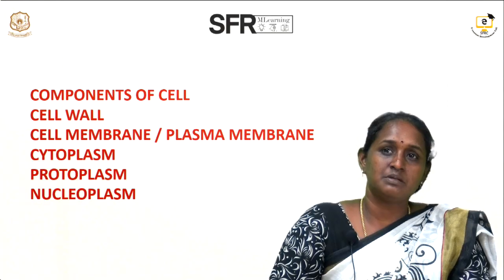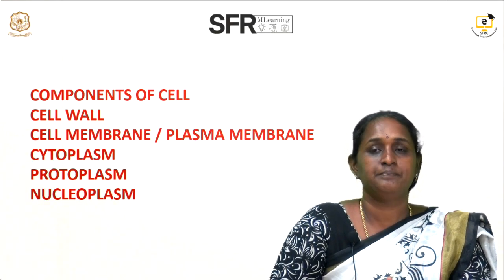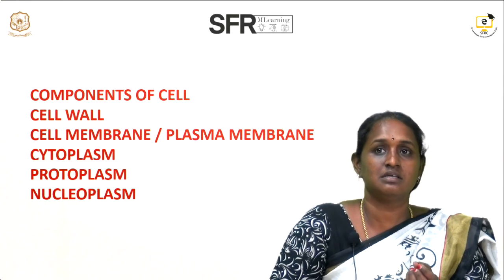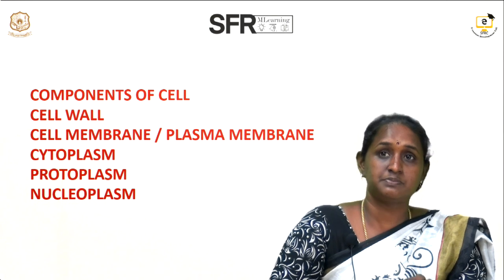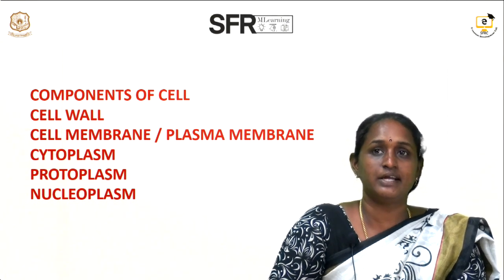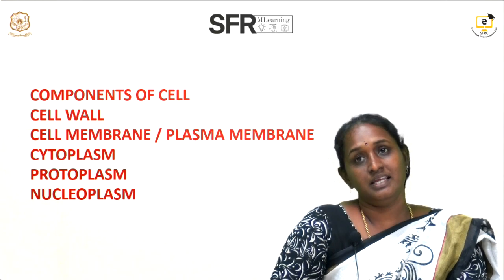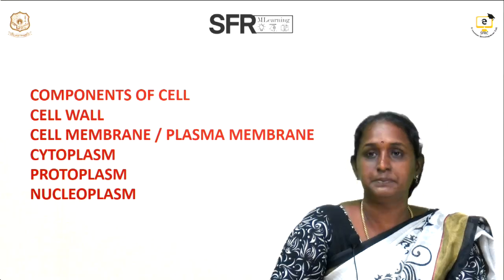Nucleoplasm simply represents the complete egg yolk. What is present inside the nucleus is called nucleoplasm. Nucleoplasm, cytoplasm and protoplasm are different; except for the nucleus, the egg white alone is the cytoplasm.